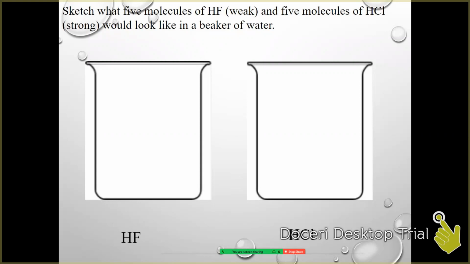This could be a typical question you might see on the FRQ. They would like this question.